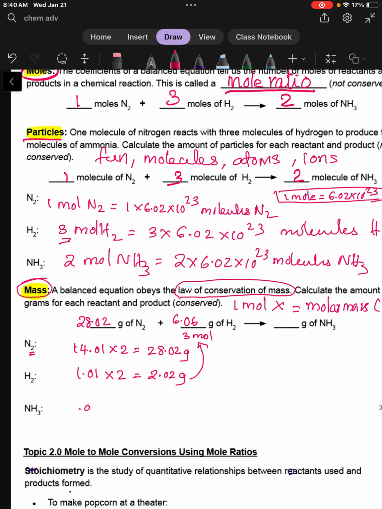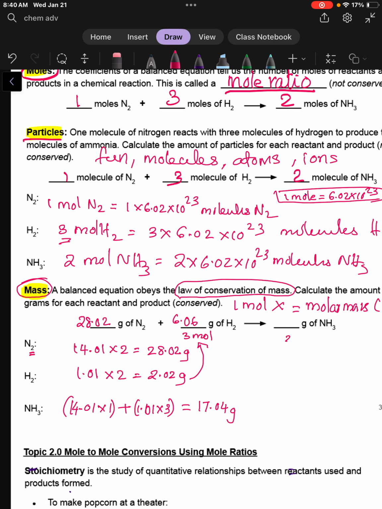For ammonia again, nitrogen is 14.01. There is only 1 nitrogen plus 3 hydrogens, which is 1.01 times 3. So 1 mole has a mass of 17.04 grams, because it is 14.01 and 3.03.